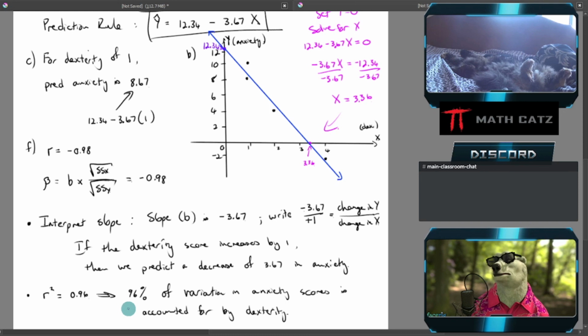There are, of course, other factors, but this 96% tells me that they aren't big players in making a prediction of how anxiety will change. The major players, so to speak, in this case, to make a prediction for the change in anxiety will come from dexterity.